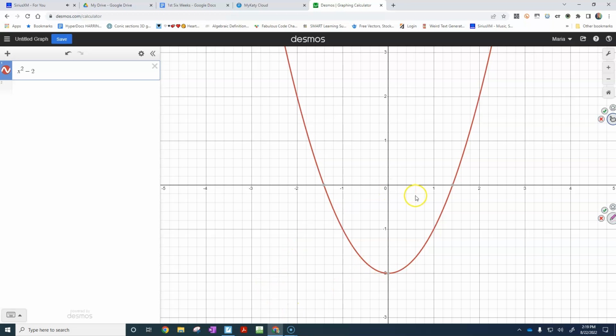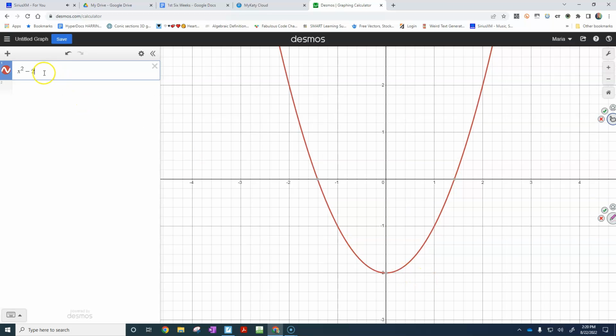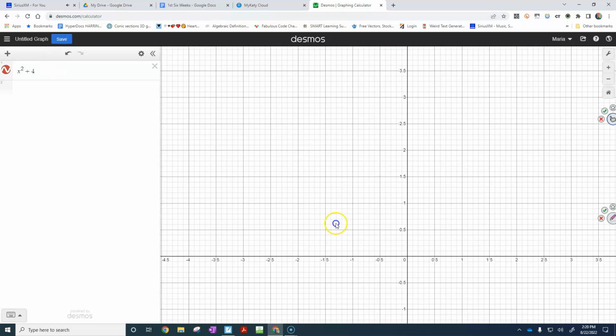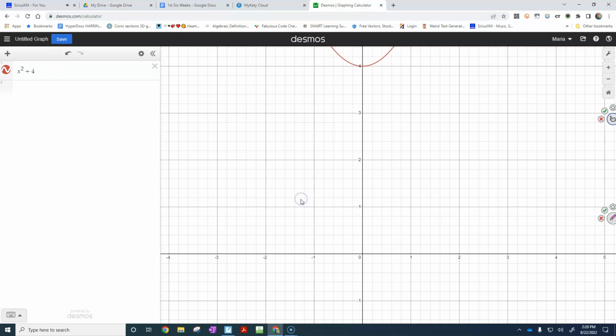Can you see that it really does cross the x-axis right here? And then what could I add to this to make it float above the origin? Positive number, good. Now, does this really cross the x-axis? It doesn't really cross it.